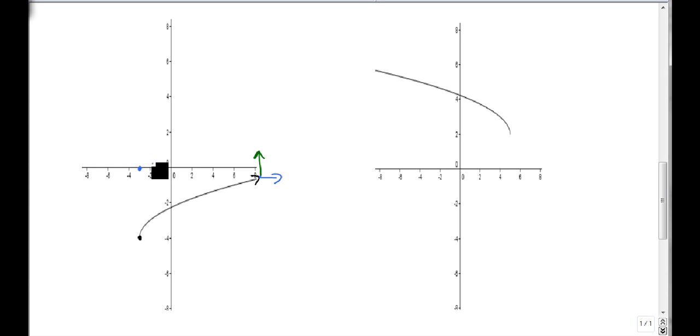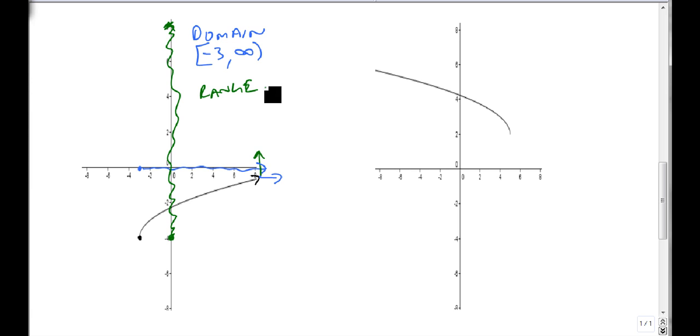Again, we're going to put it on the integer, minus 3, and it goes to the right. My range is going to be here at minus 4 and up. So our domain is from minus 3 to infinity. We're going to put a square bracket because that point is there. And our range is going to go from minus 4 to infinity because it starts right here and then it goes up.